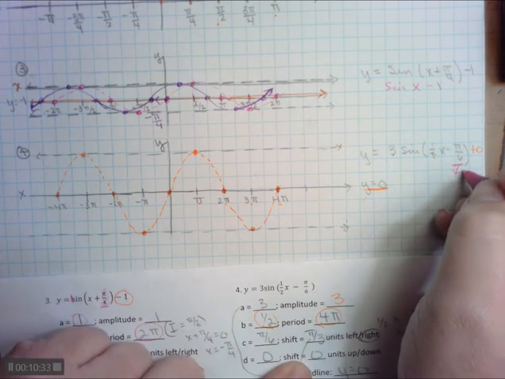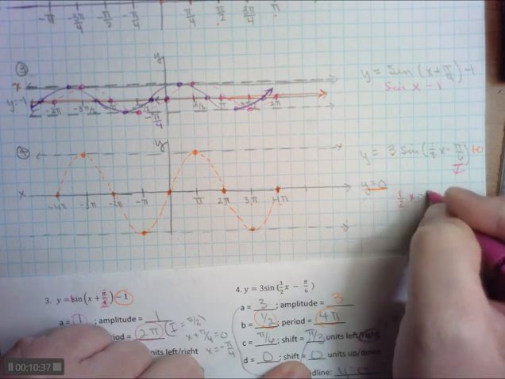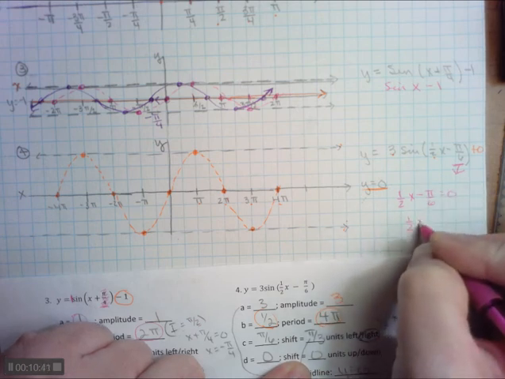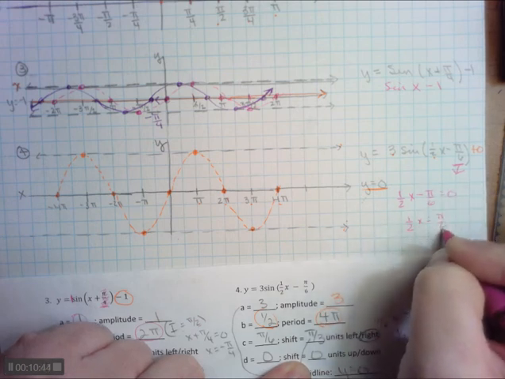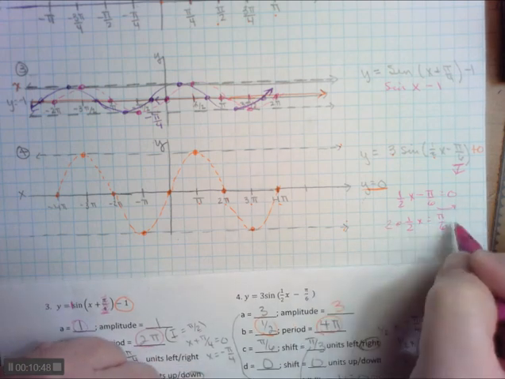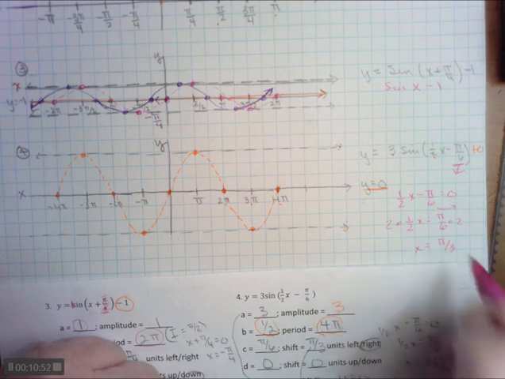And the way that we did this is we set 1/2 x minus pi over 6 equals 0. 1/2 x equals pi over 6. Moving it by addition to the other side. Multiply both sides by 2. X equals pi over 3.